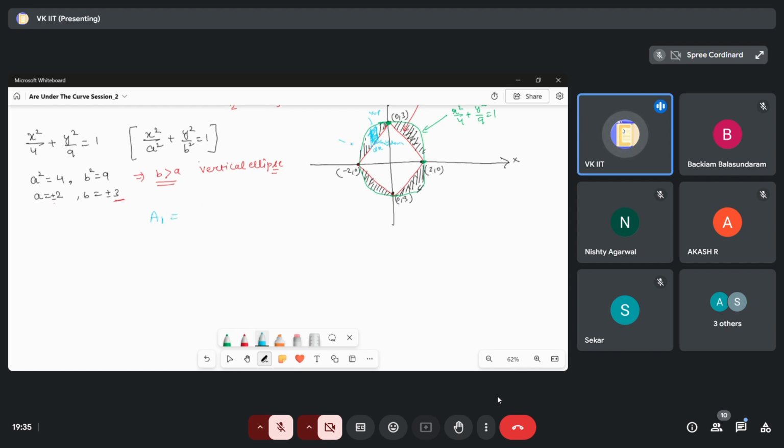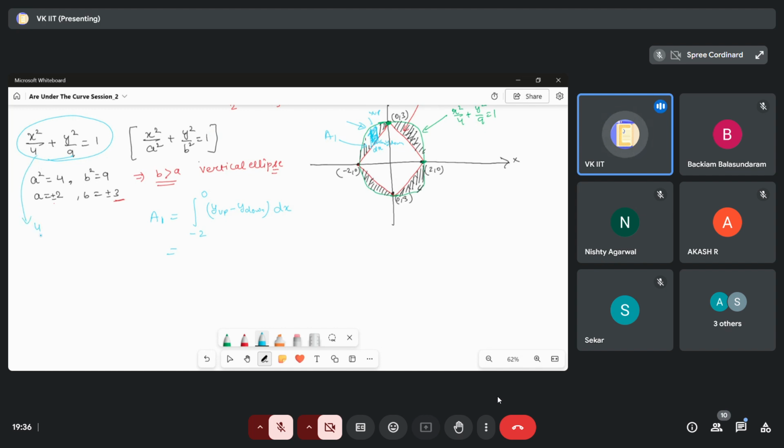A1, I'm writing, this is the area A1. So A1 will be from -2 to 0 in x coordinate, of y up minus y down. And what is the y up value here? Y up value will be from our ellipse equation.